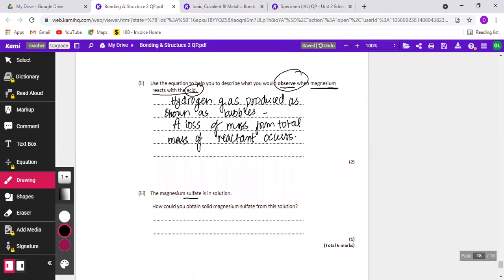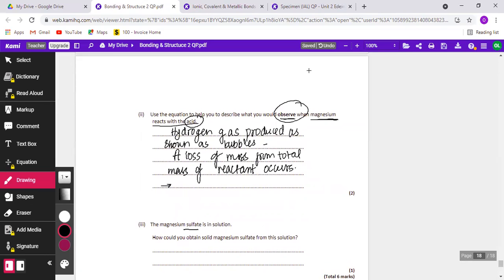Wait, let's discuss some more points right here because I'm not satisfied. What else can we write? This is an exothermic reaction, right? An exothermic reaction absorbs heat or releases heat? Releases heat. Yes. So when it releases heat, the test tube would become hot.